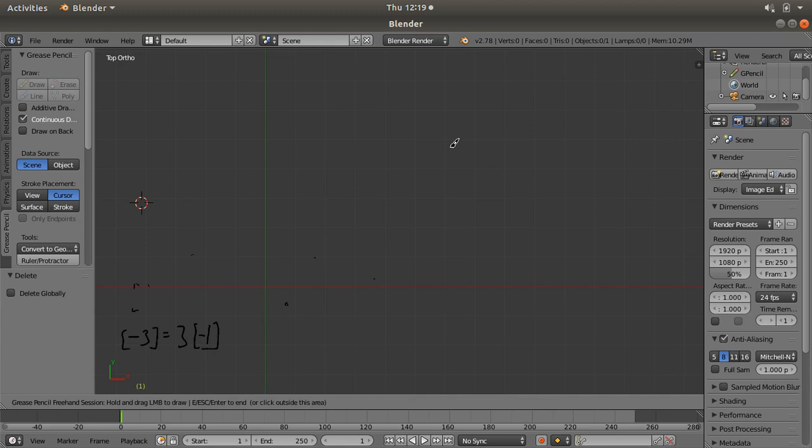So take the point 6, 6. You can also call this a vector by drawing an arrow that starts at the origin and points to 6, 6. And that's the vector v equals 6, 6.